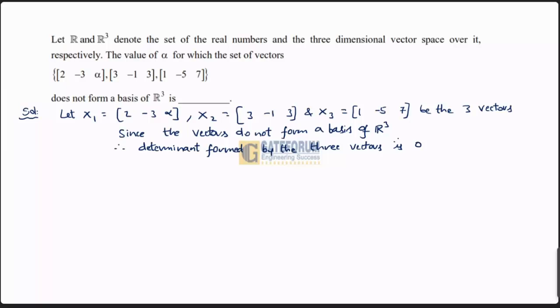Do not form a basis means the vectors are linearly dependent.